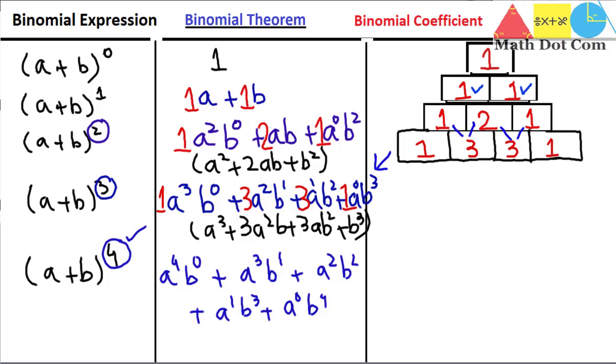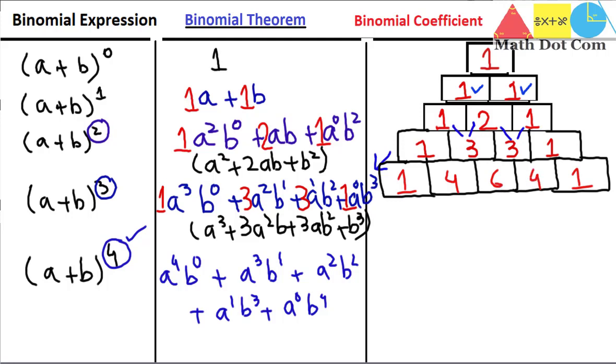So now let's compute the binomial coefficients from the Pascal's triangle. Now we will further extend this Pascal's triangle like this. Again the last boxes will have the value of 1. Here we will have 4, here we will have 6, and we will have 4. Why? Because we have to add up these values.